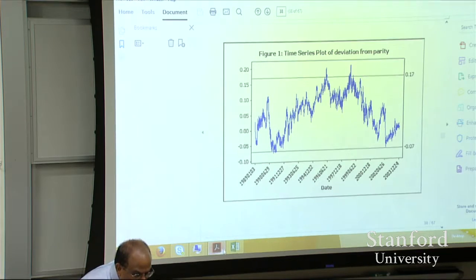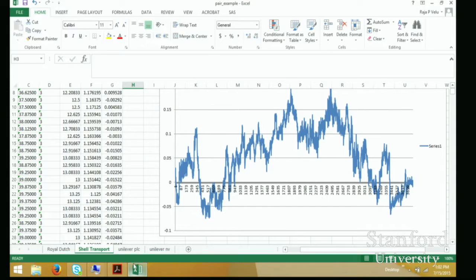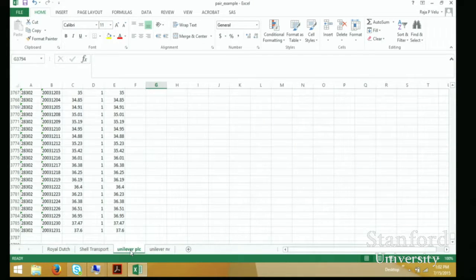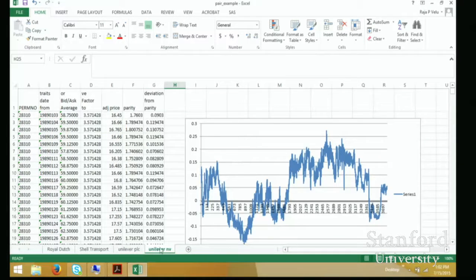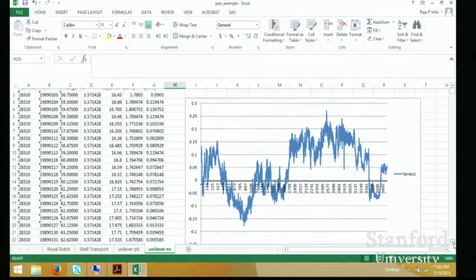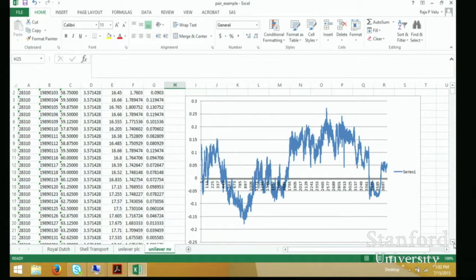In the same data set, if anyone is interested, you also have the data for Unilever PLC and Unilever NV. Some parity deviations are given, and that is the graph that you see.